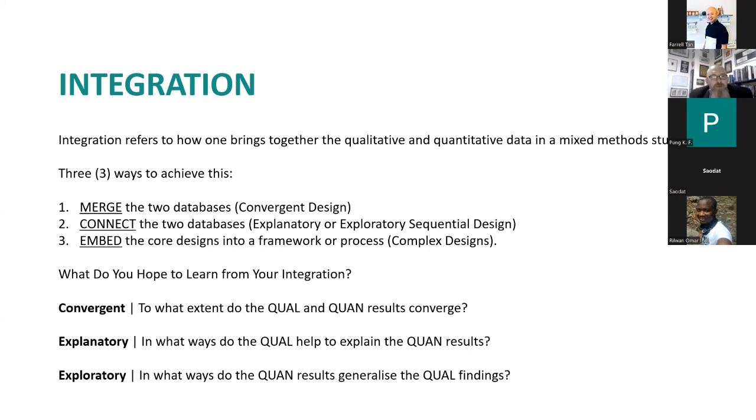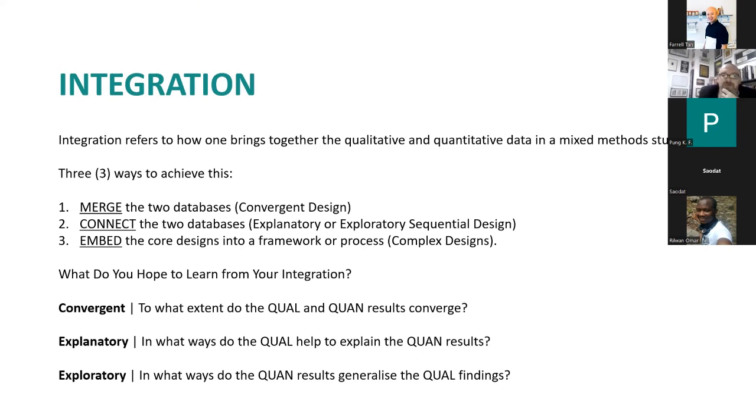Now, we have to answer for ourselves the following question: what do you hope to learn from your integration? If we're looking at convergent, and again, the designs will come through in a few minutes, so if you're looking at the terminology and saying what's this, it's going to come up really soon.